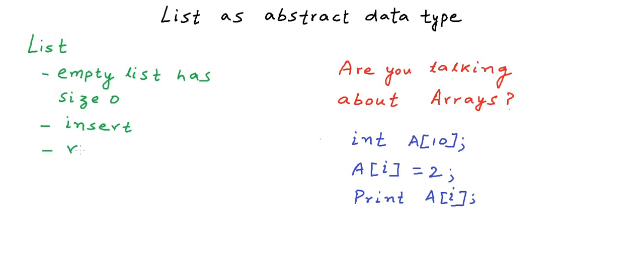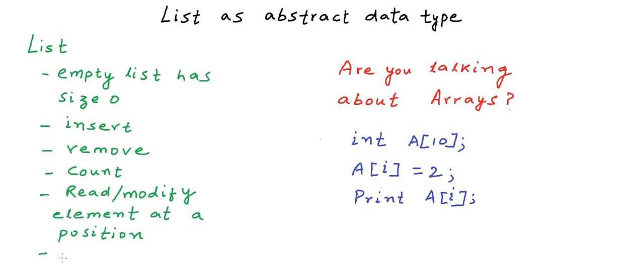I can remove element from the list. I can count the number of elements in the list, and I should be able to read or modify element at a particular position in the list. And I should also be able to specify the data type for the list. So while creating the list, I should be able to say whether this is a list of integers or whether this is a list of string or float or whatever.